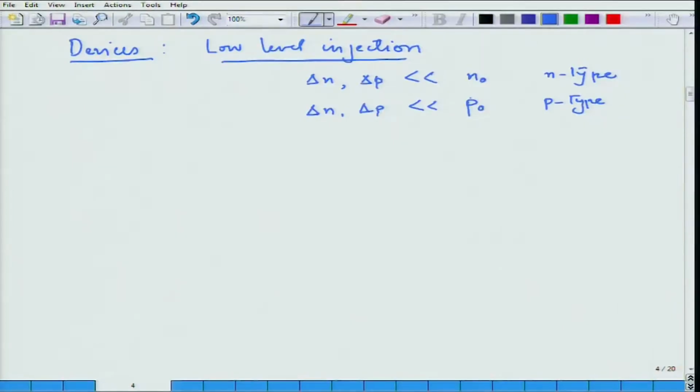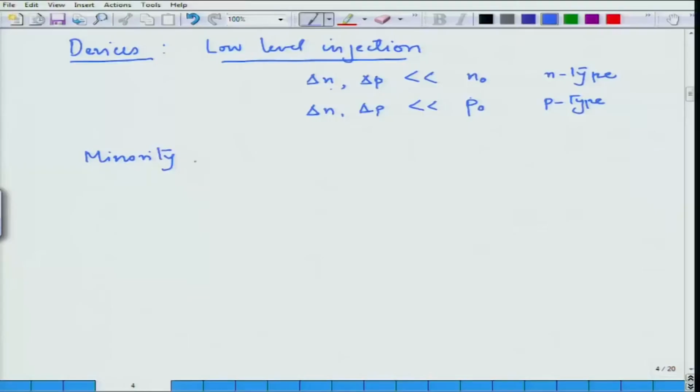So, we will make some assumptions to find another form of the continuity equation, which is basically used for minority carriers. Under low injection level, the number of minority carriers generated are going to be important, because the number of majority carriers generated are so much smaller compared to the majority carrier concentration that it is not going to make a huge difference, but the number of minority carriers would make a huge difference.